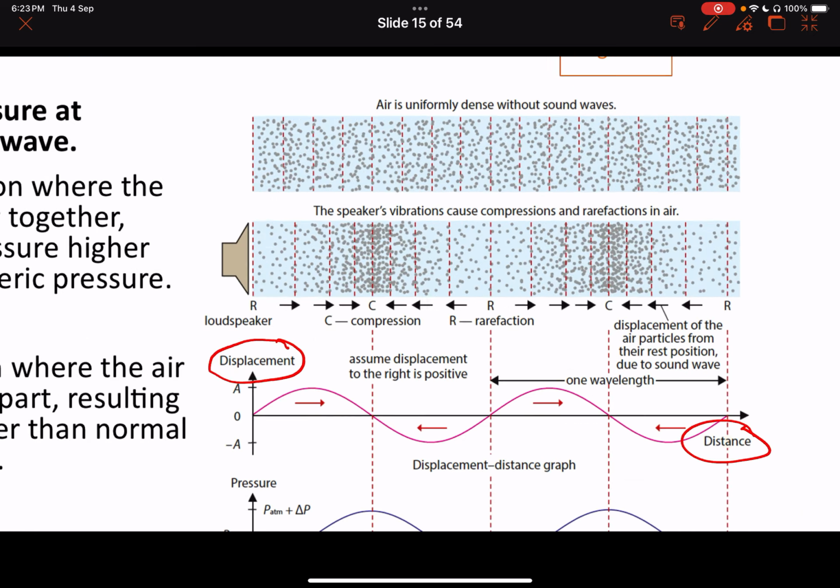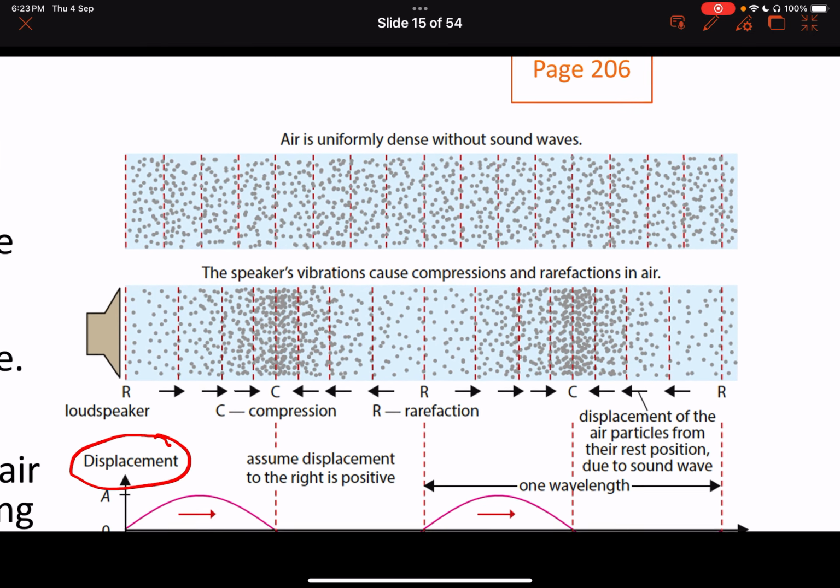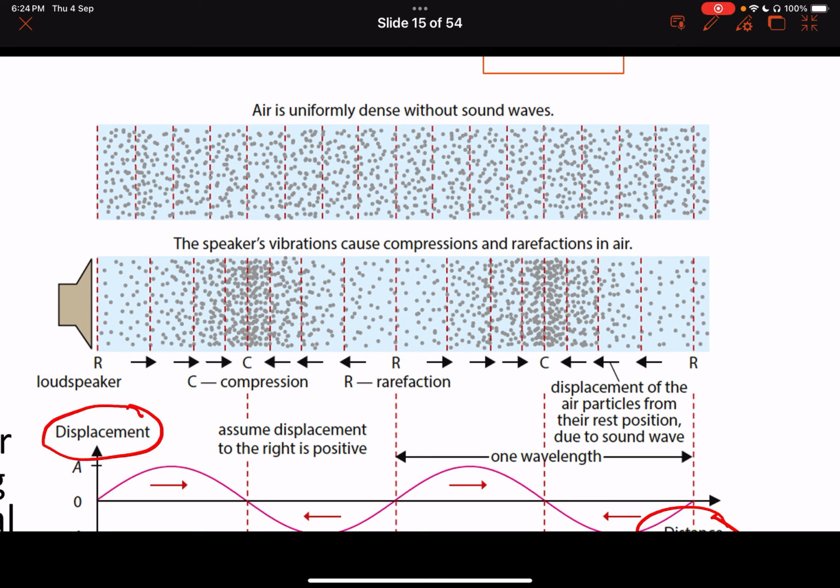So between the original state, whereby there's no disturbance in the medium, versus when we added on a vibrating source, we can compare how, at each column of the air molecules, it has changed in that particular instance.